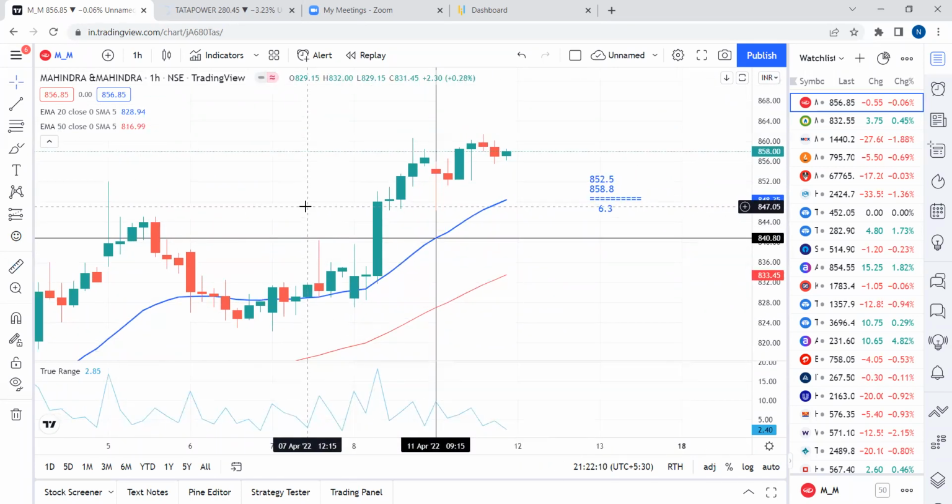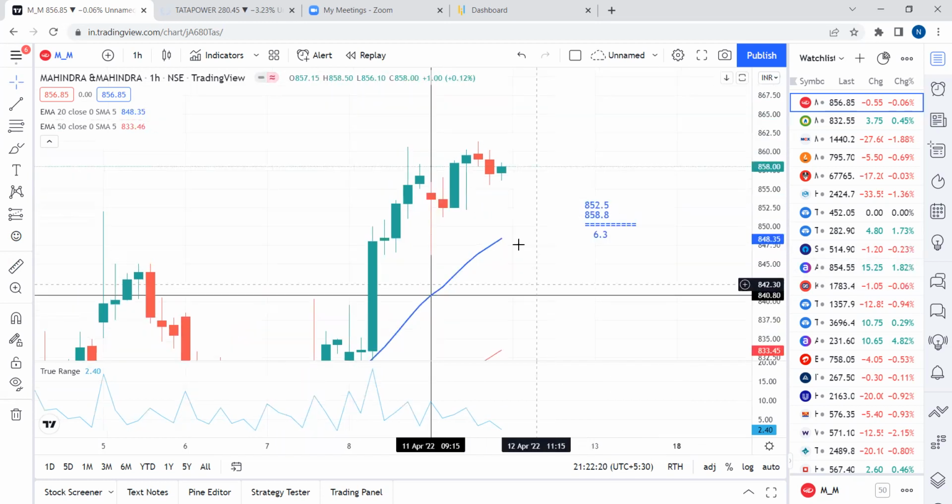Now, what is average true range? How do you calculate the average for average true range? It is the true range taken from the past candles and then averaged. Averaging means what?